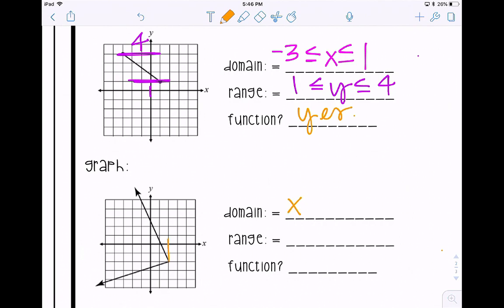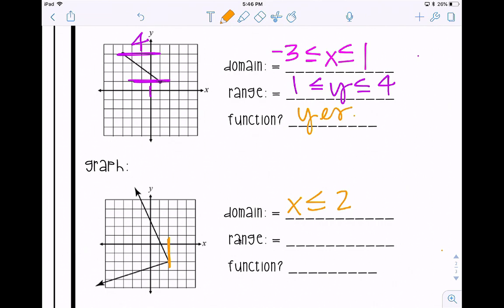And x is everything from this point right here at 2 on the x-axis and less, to the left. So x is going to be less than or equal to 2, because it's touching right here at 2. Everything less than or equal to 2, and it's going to keep going on and on forever to negative infinity.